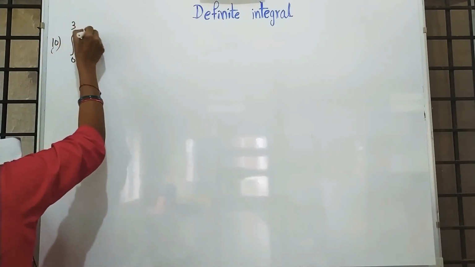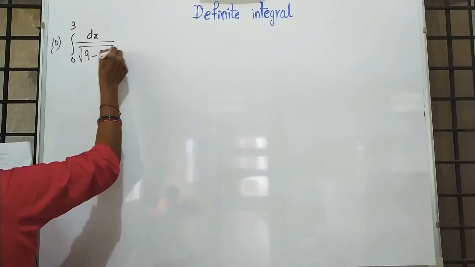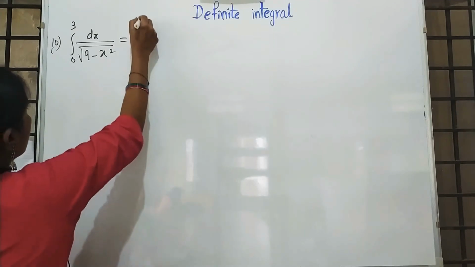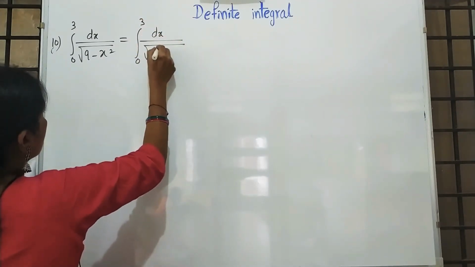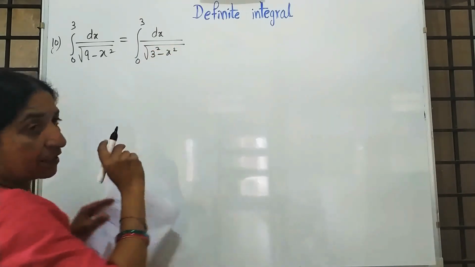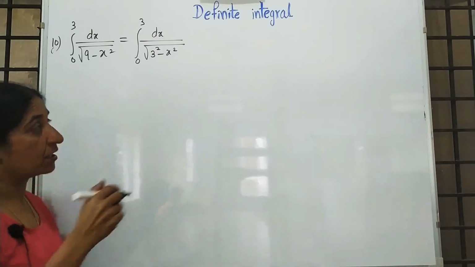Integration from 0 to 3 dx upon root of 9 minus x square. This we can write 0 to 3 dx upon 9 will be written as 3 square minus x square. It is in the form of 1 upon root of a square minus x square.